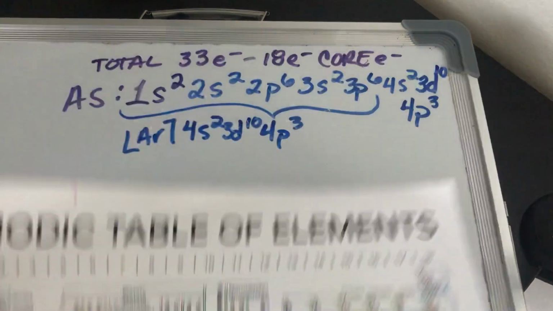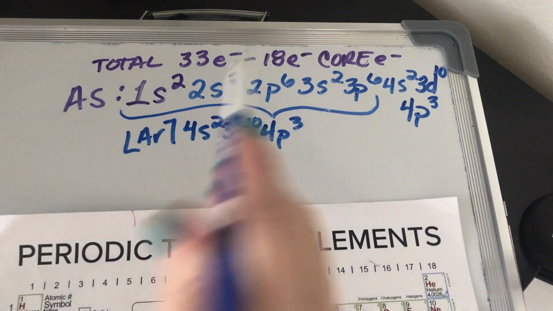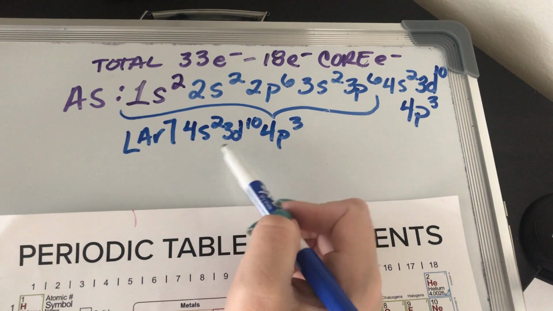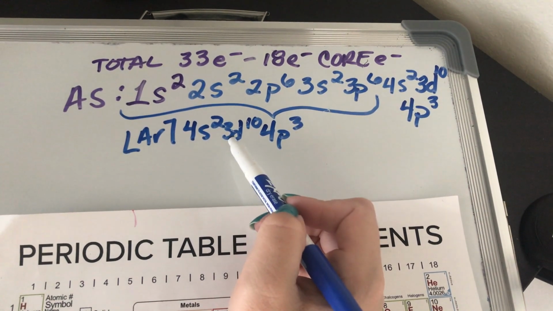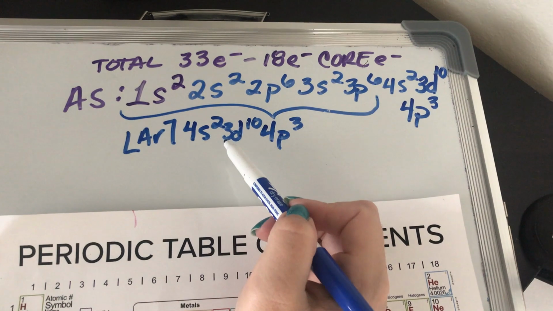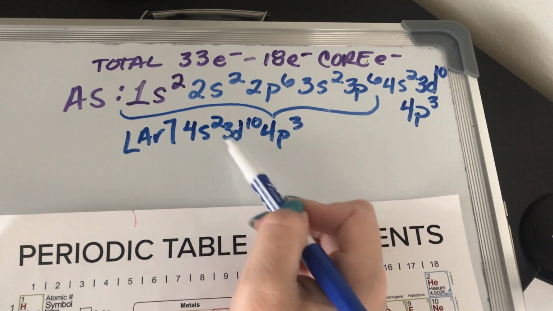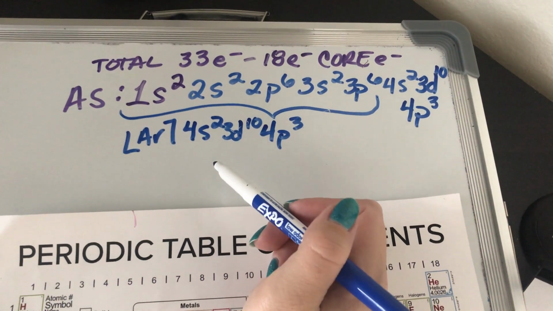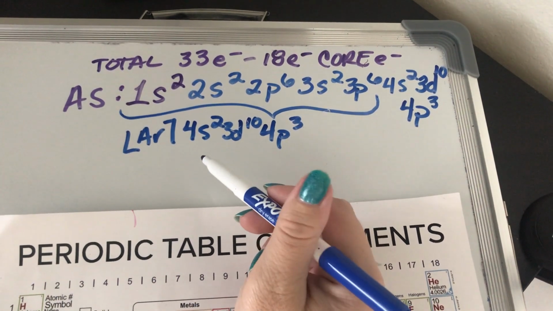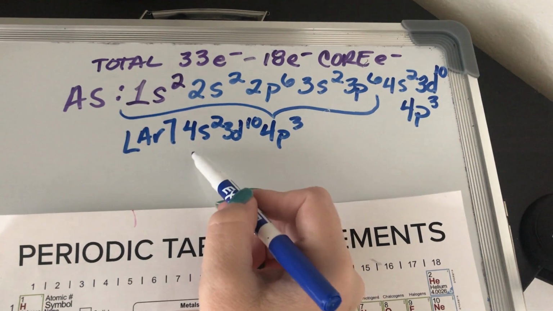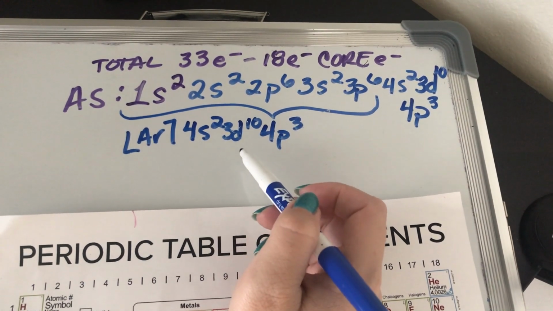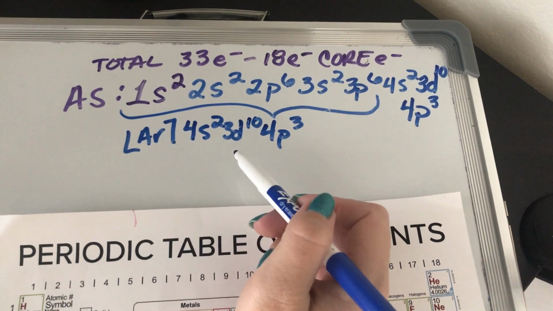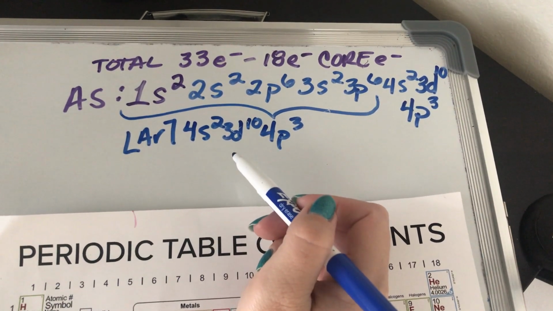But you'll see them written in multiple ways. Sometimes online they'll put the 3D orbital first because it's a lower number. That gets into the specific energies associated with all of these, beyond the scope of what we need to understand. So as long as you have all of the valence electrons represented in their correct orbitals, I don't care what order they come in. Does that make sense? Everybody all right with me on that?